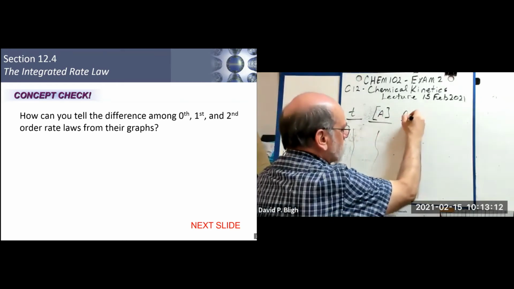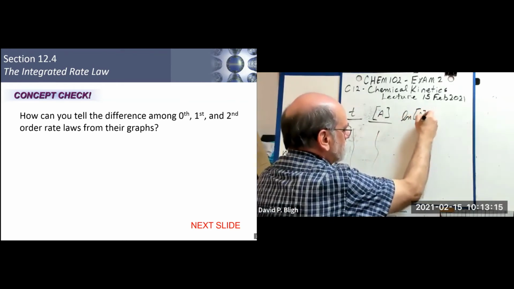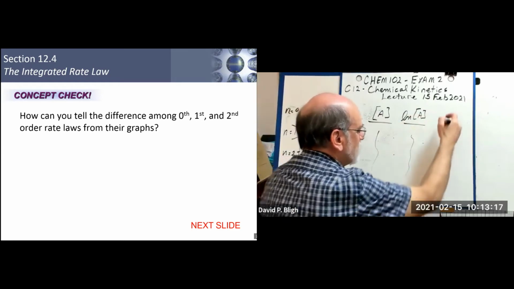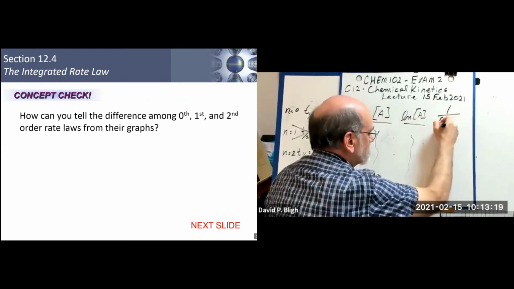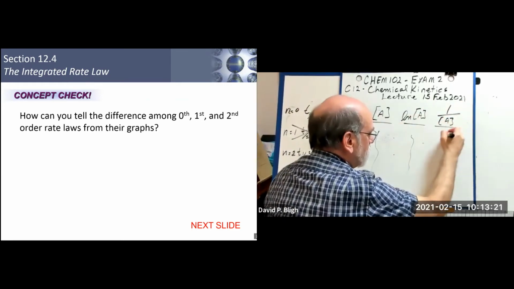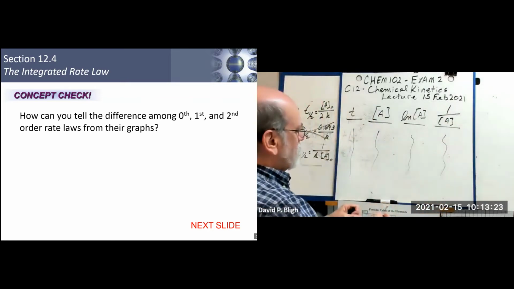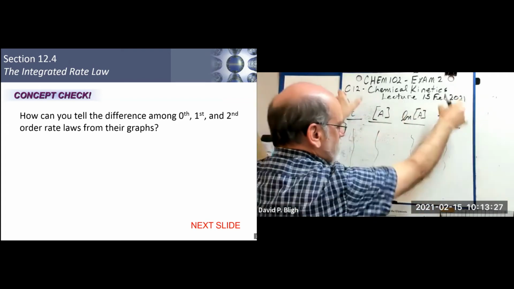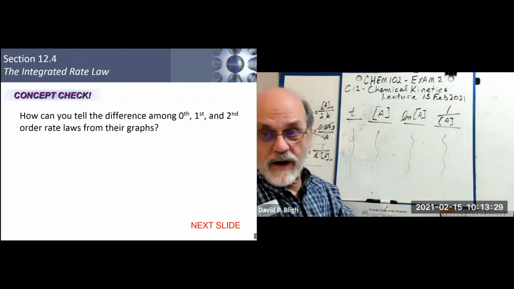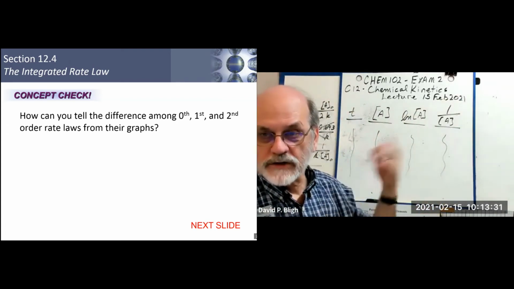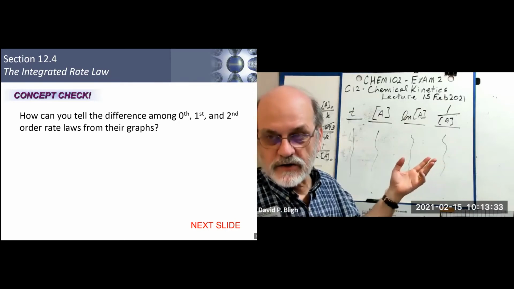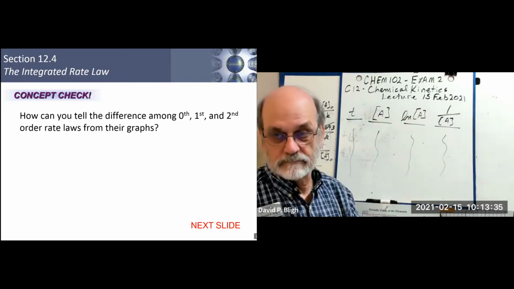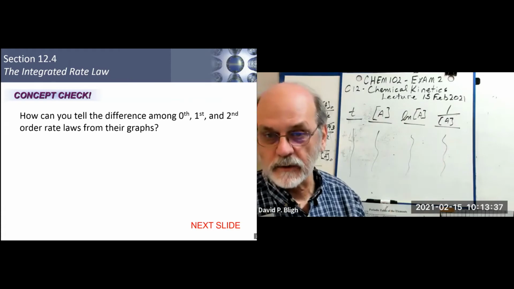Then you do the log transformation. You get a set of numbers, and then you do the reciprocal concentration, and you get a set of numbers. Then you plot this one, you plot these two, and you plot these two. 3 graphs. Whichever one is a straight line tells you the order. All right, that's it. Very simple.